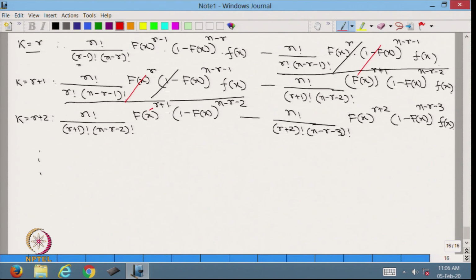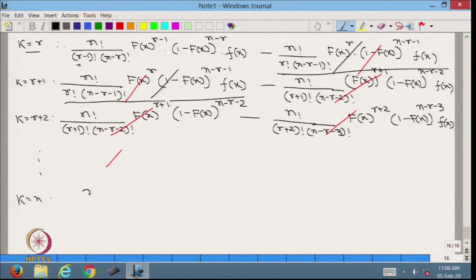In a similar way, this cancels with this, therefore this is going to cancel with this. Therefore, at the end of the day, what we will have? So, let us calculate for k is equal to n.